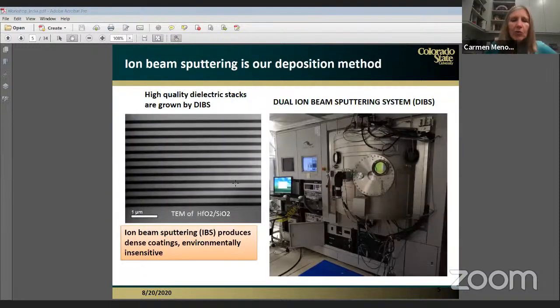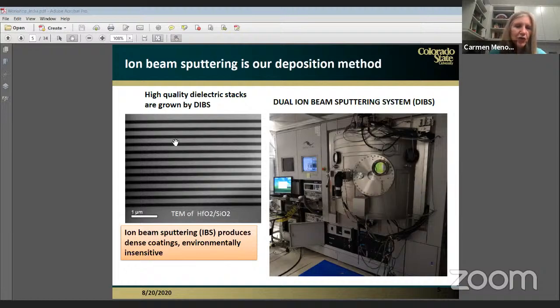So the way we grow our materials is using a technique that is called ion beam sputtering. Ion beam sputtering is a physical vapor deposition technique. So this is our instrument, and it's a commercial instrument.